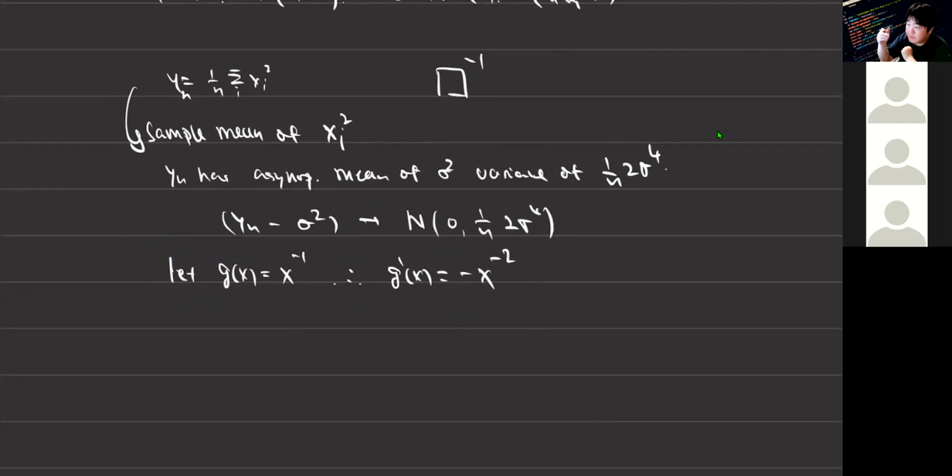And if you want non-vanishing variance, then you can move this n to the left-hand side. So I'm going to erase that and it becomes square root of n. Right. So now we can talk about using the delta method.